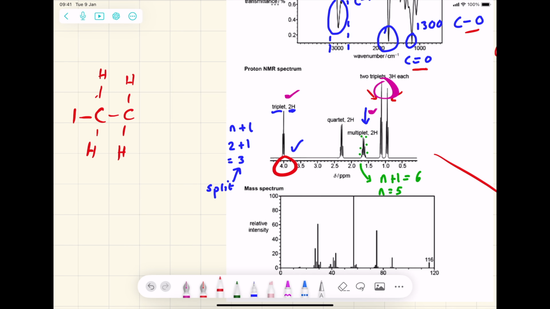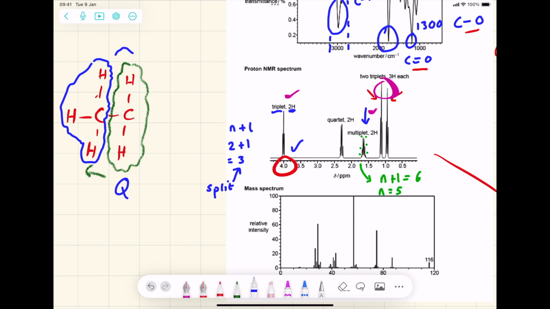And you'll see with this, it works very well, because if I just circle the bits that are relevant, this here, you can see to the left is next to a CH3. So that would make a quartet. It's called a Q. And then the CH3, which I'll just circle in blue here, that is immediately next to a CH2. So this environment would be a triplet. So that's what I'm thinking about in my mind here. Maybe one of these triplets and quartets belong together as a CH2-CH3 ethyl group.